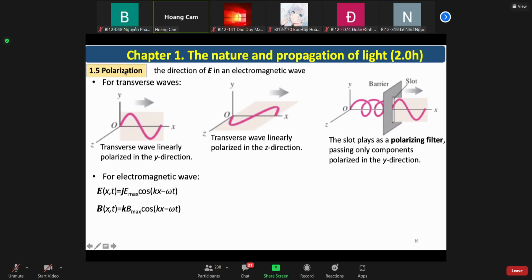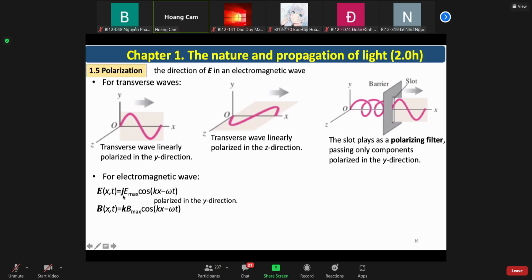And the polarization of the light is defined by the direction of the electric field. Here, pay attention: the direction of the electric field. So if you have the electromagnetic wave presented by these two expressions for vector E and vector B, we conclude that the polarization of this electromagnetic wave is linearly polarized in the y direction.